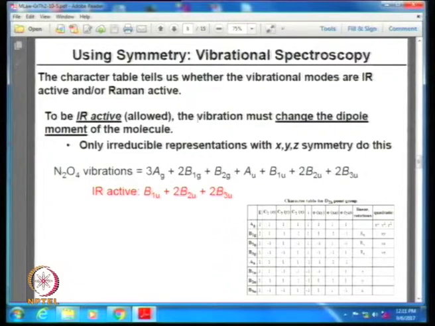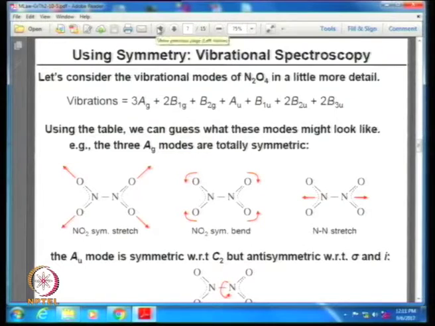For IR active, the vibration must change the dipole moment of the molecule. So the irreducible representations with x, y and z symmetry do this, because the dipole moment is proportional to the coordinate x, q times x. So from this list we retain only the ones that touch x, y and z, here at the bottom, as was shown on the previous transparency.